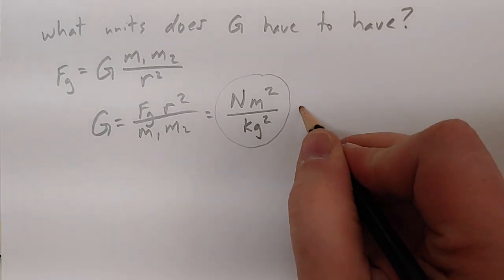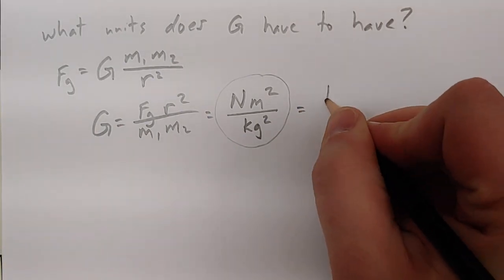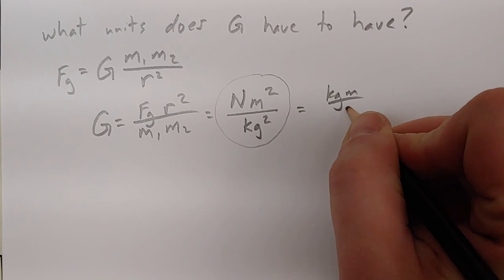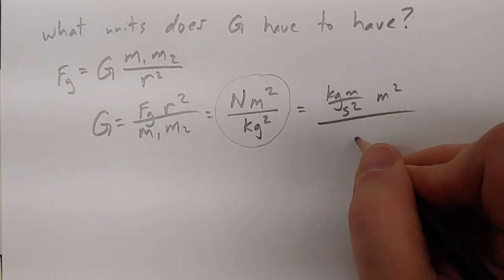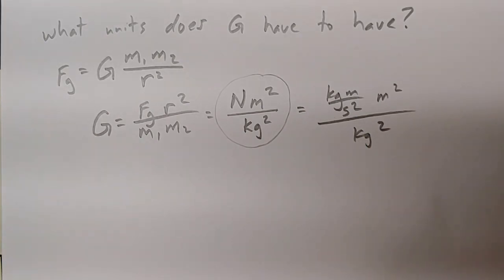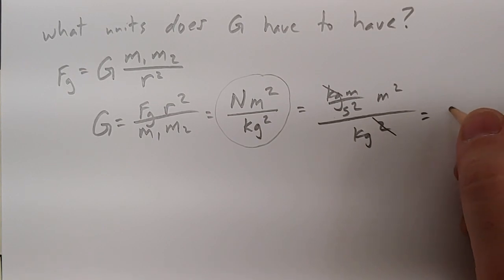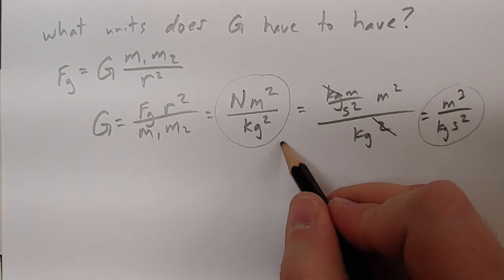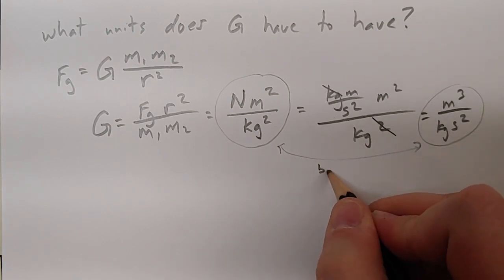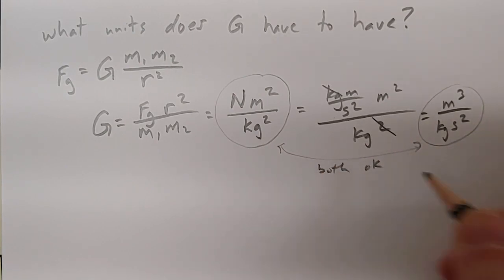That's fine. We could also break this down. A newton is the same as a kilogram meter per second squared. We then multiply that by meters squared and divide by kilograms squared. So we'll cancel out a kilogram, and we will get meters cubed per kilogram seconds squared. They're both okay because they both mean the same thing.